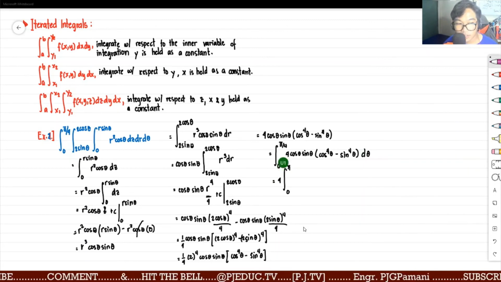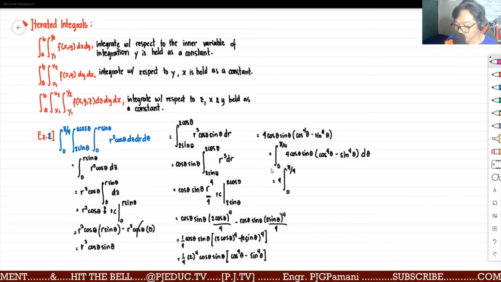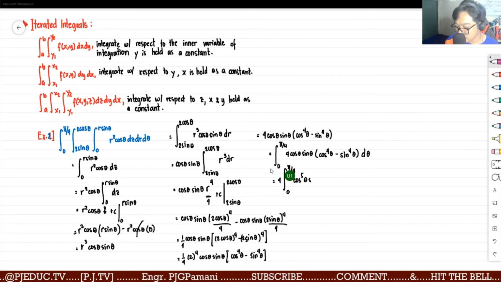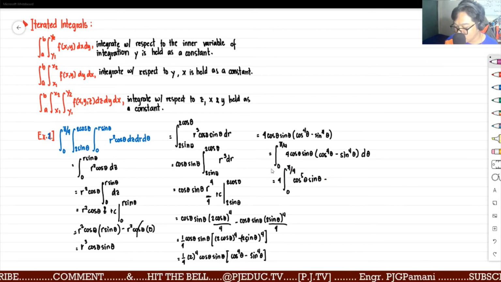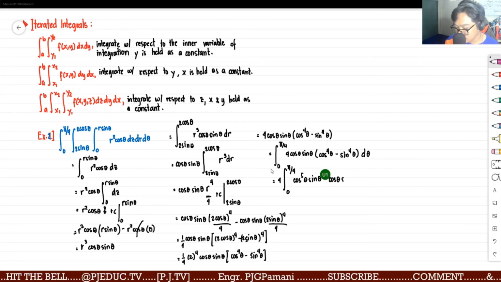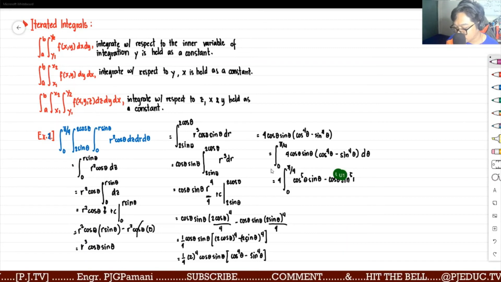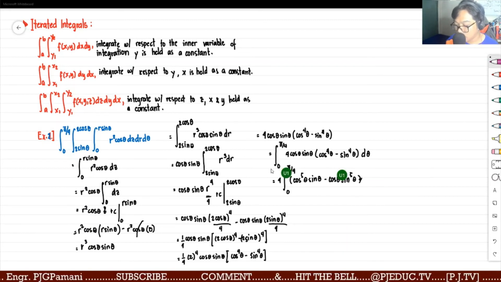cosine theta sine theta times cosine raised to the fourth theta, that is cosine raised to the fifth theta times sine theta, minus cosine theta sine theta times sine raised to the fourth theta, that is simply cosine theta times sine raised to the fifth theta, times d theta.